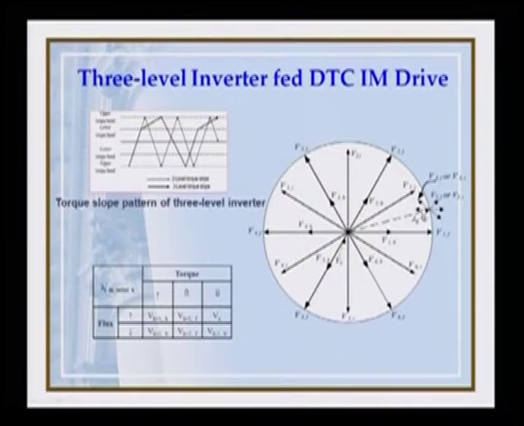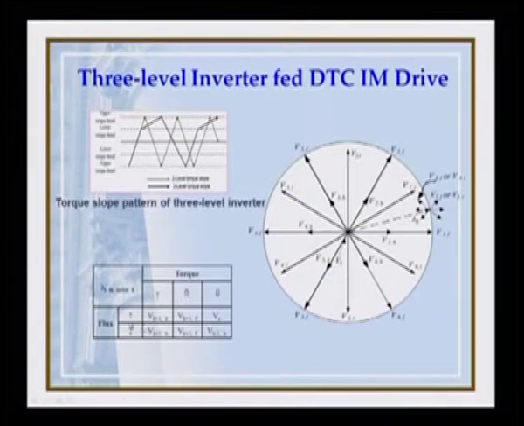So, if it is in sector K, when we want to increase the flux and increase the torque, torque can be increased or increased by more. When you have a small arrow here, it is just increase, and when you have a large arrow, this is more increase.